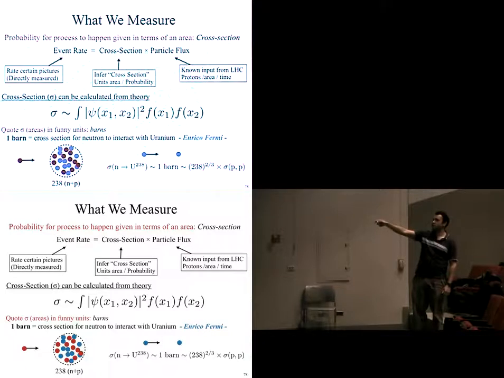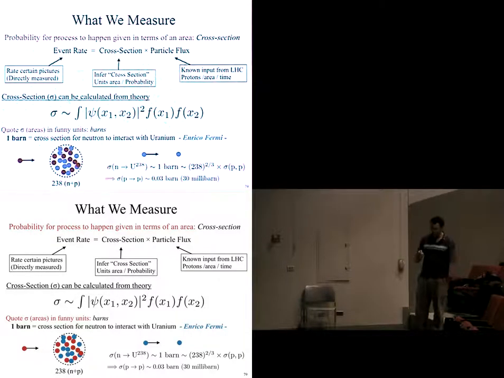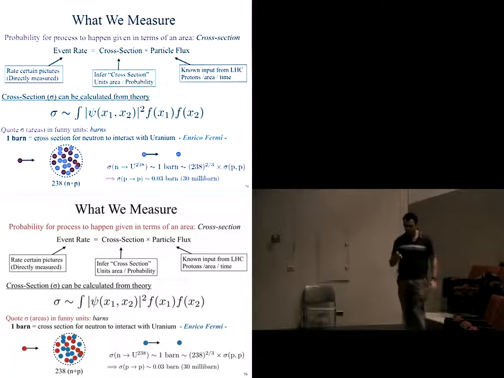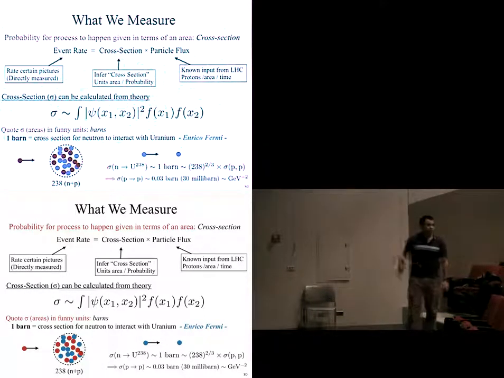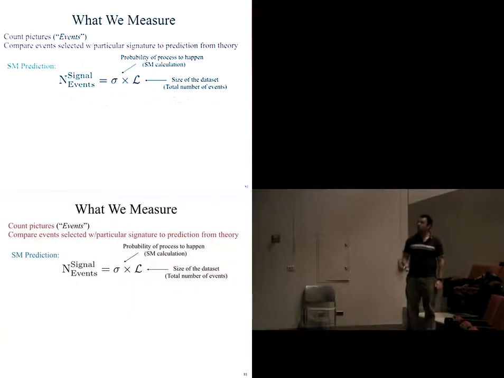The radius goes like a cube root of the number of things that you have, and then the area goes like the square, so you get this 2/3 factor. And so, anyways, you don't need to worry about this, but this is sort of how we remember it. But so these are the units we use, and so the area of the proton interacting, we say, is about a millibarn. So that sort of can set the overall scale for the numbers that we'll see in coming lectures. Okay, and of course, the real units you should use here are GeV, of course, you all now are experts on that.